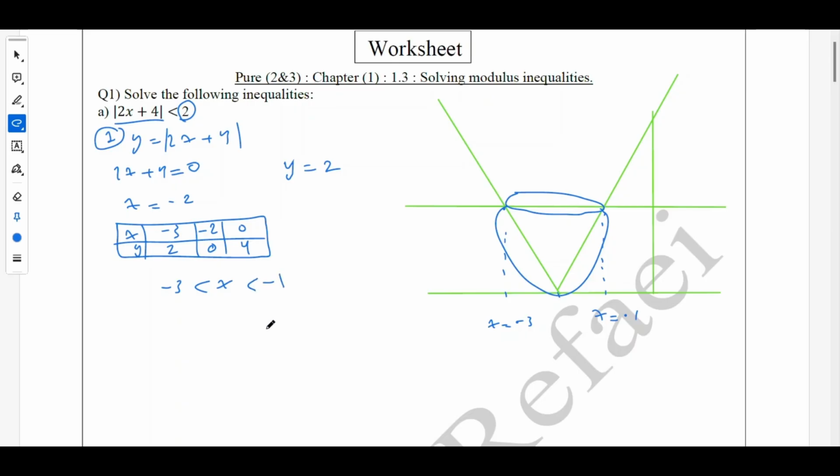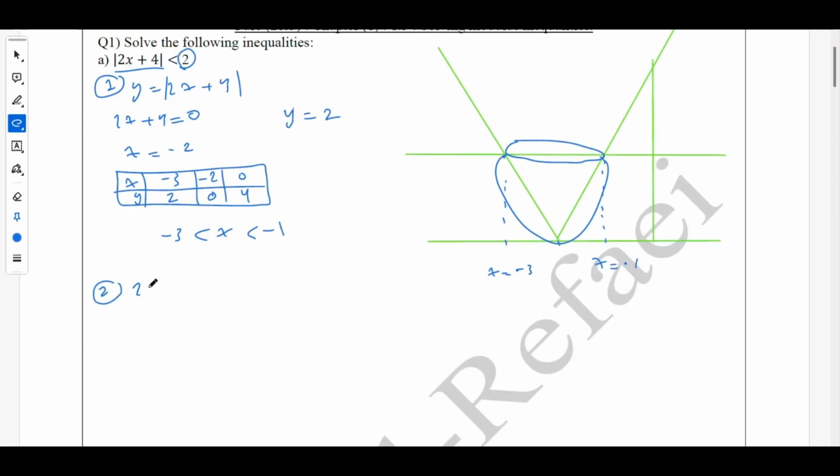Let's use way 2, change of sign. I'm going to consider that this is not an inequality, this is an equation, and I'm going to solve it as an equation. 2x plus 4 equals 2, and 2x plus 4 equals negative 2. So x equals negative 1, and x equals negative 6 divided by 2, so x equals negative 3.